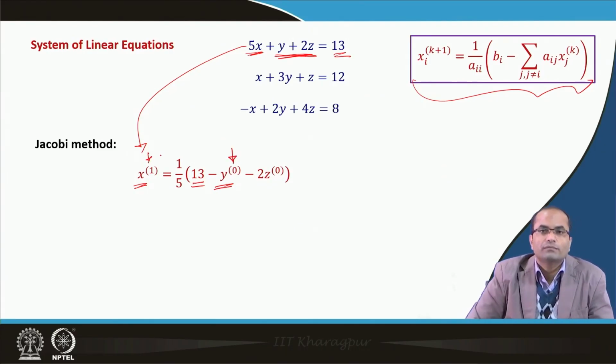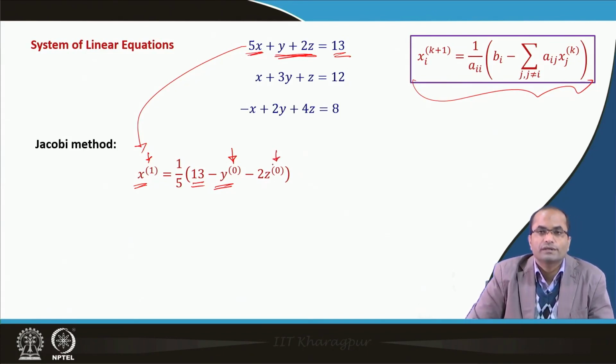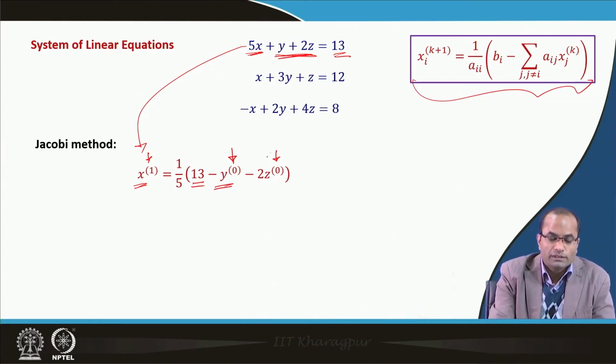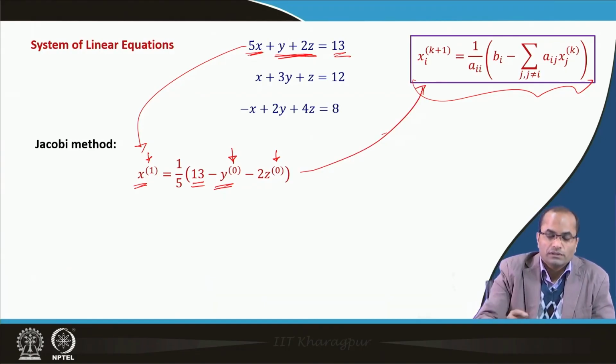So, here if we are talking about the values after one iteration, then these will be the values at 0th iteration, which we will plug into these equations. So, here then minus 2 z and this 0th iteration value. So, this is the first equation, which is exactly the equation we will get from this formula.